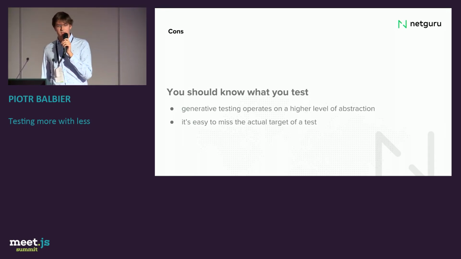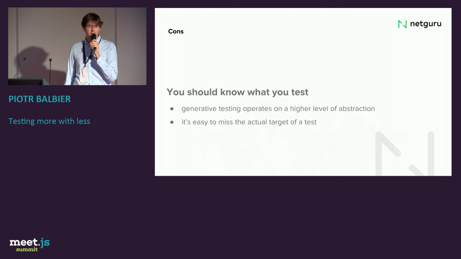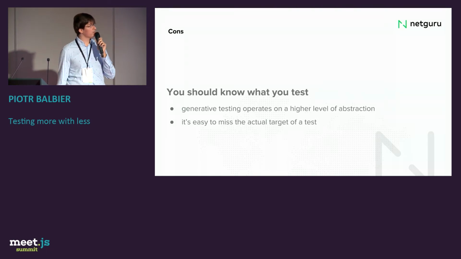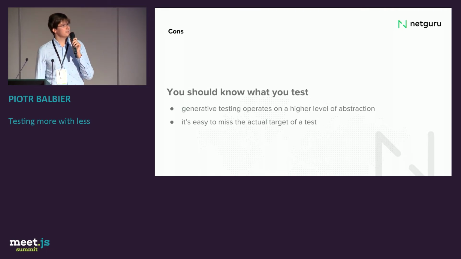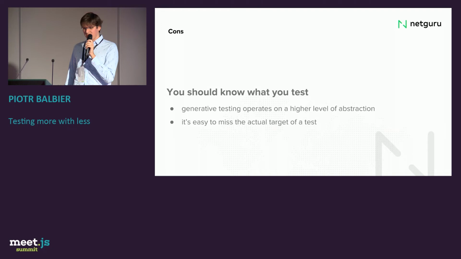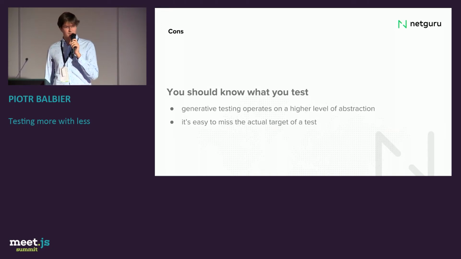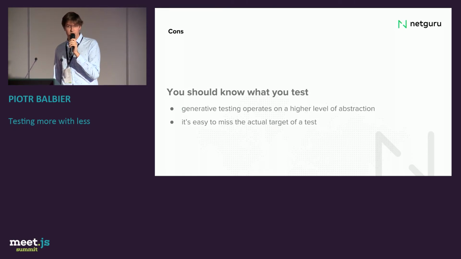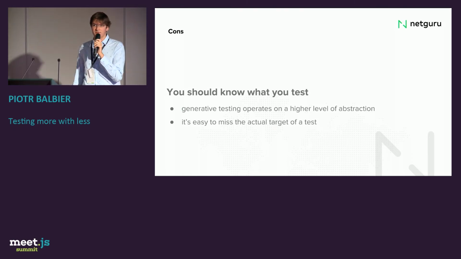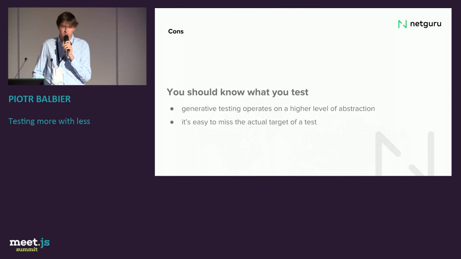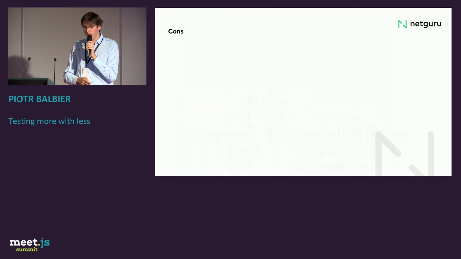And sometimes it can be easy to miss. What I would like to say by that is that some properties that may seem good, well written, actually test something else that is outside of the scope the test is designed for.